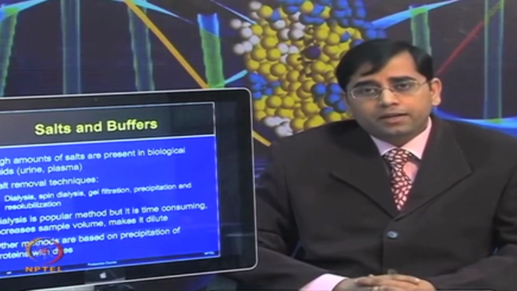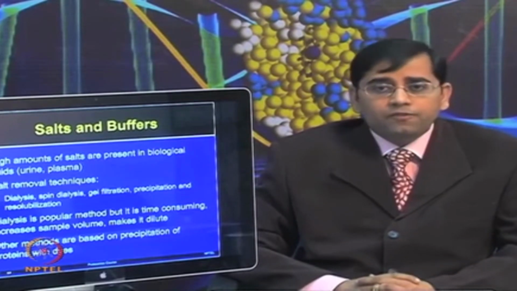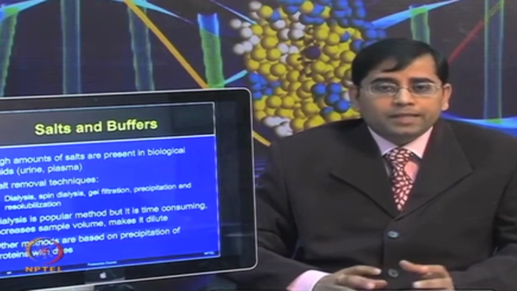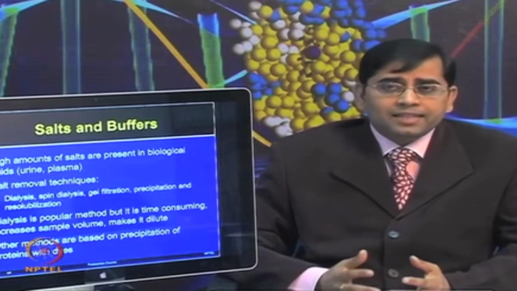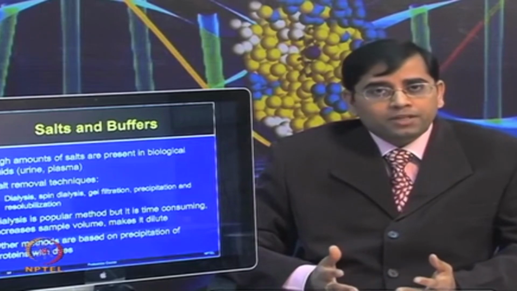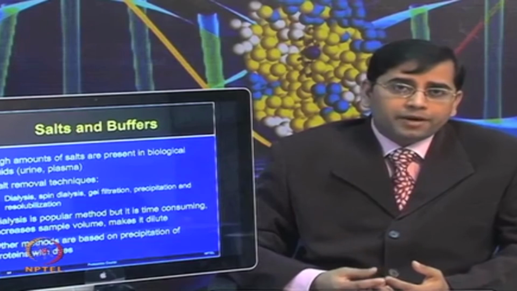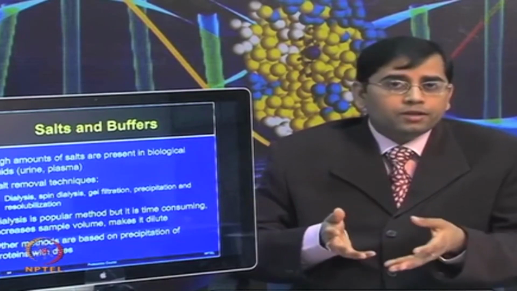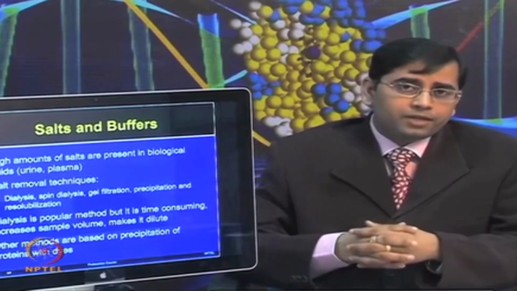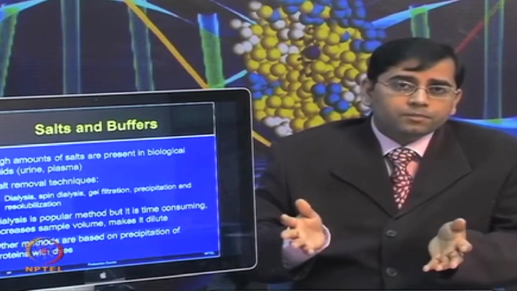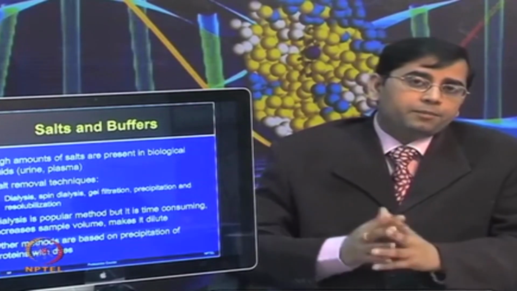These methods could be dialysis, spin dialysis, gel filtration, and precipitation and resolubilization. Dialysis is one of the most commonly used methods, in which you add your sample, the protein along with salt or other interfering components, in a dialysis membrane, and in water or a different buffer condition, slowly the salt can be eliminated.